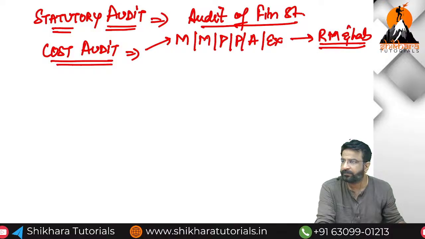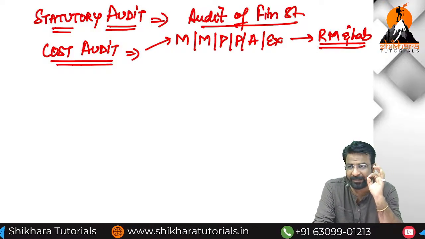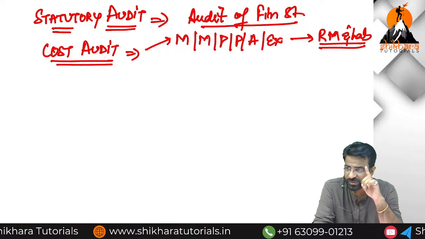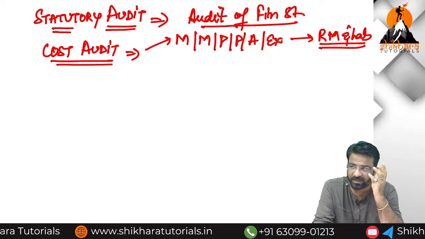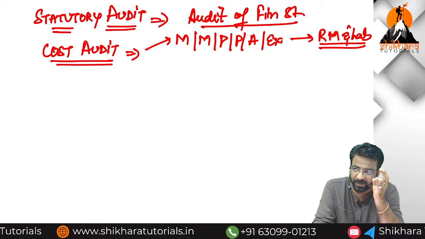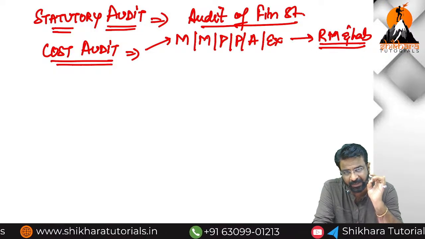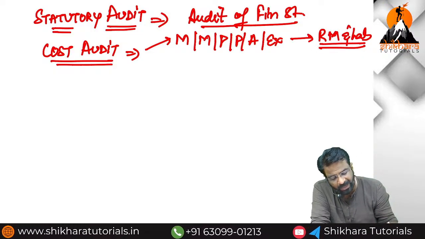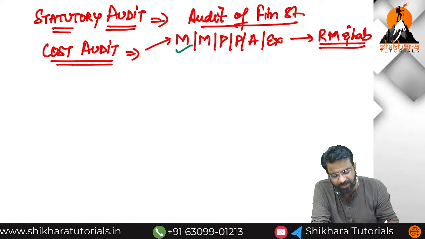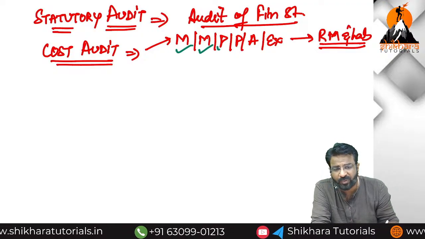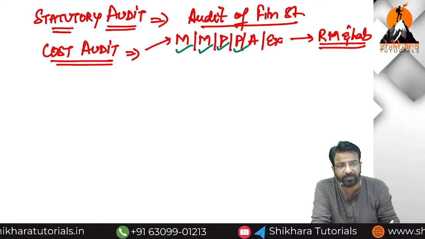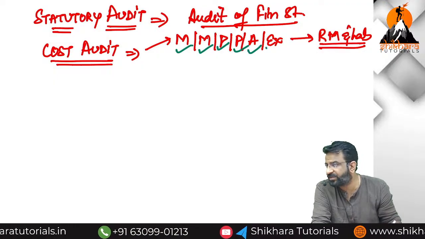Any company where raw material and labor are used. Do you remember the prime cost concept? There is direct material, direct labor, and direct expense. So if your company is using raw material and labor, it means you are a manufacturing, mining, processing, production, assembling, or extraction company.